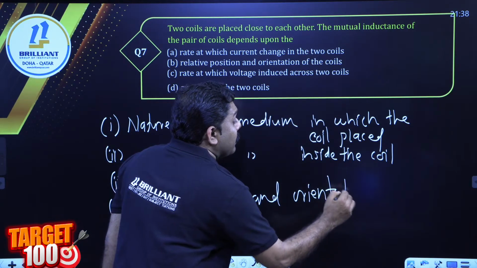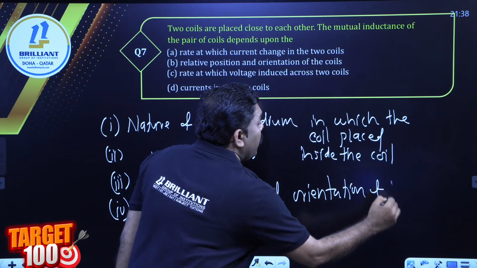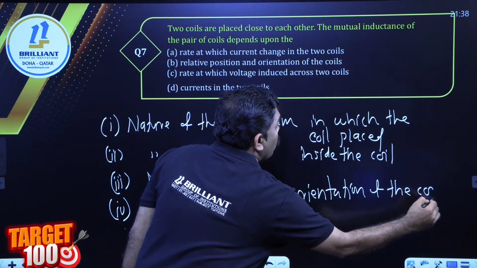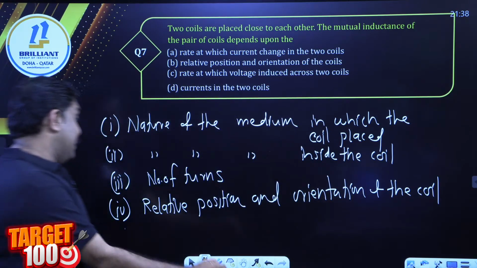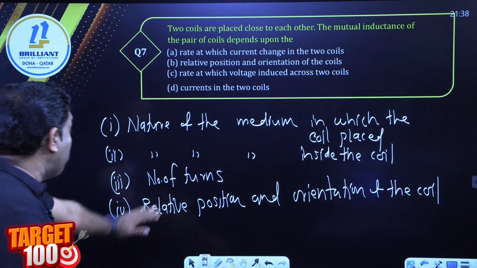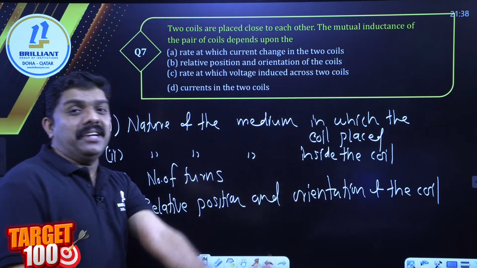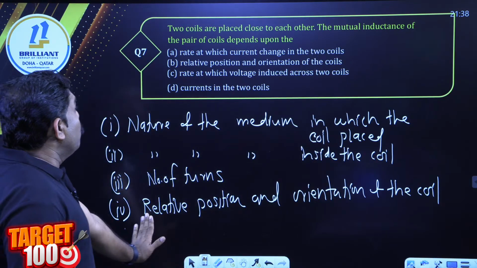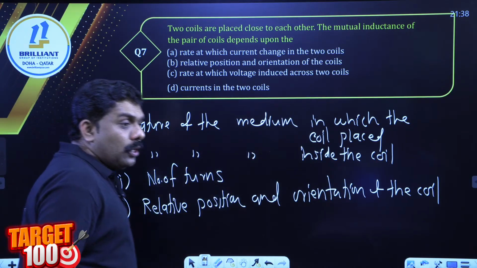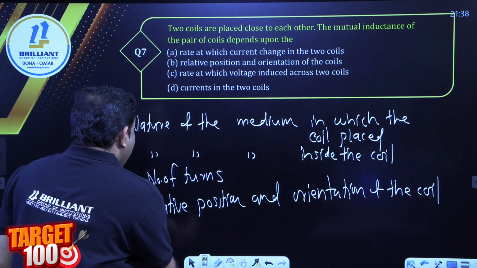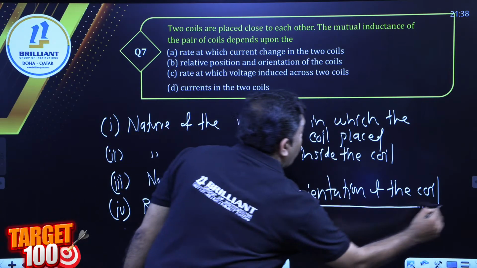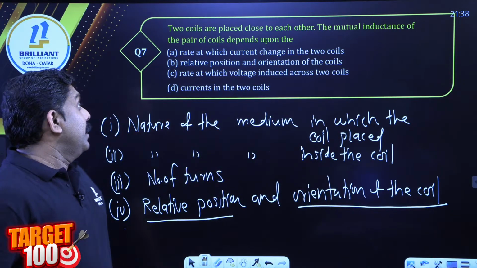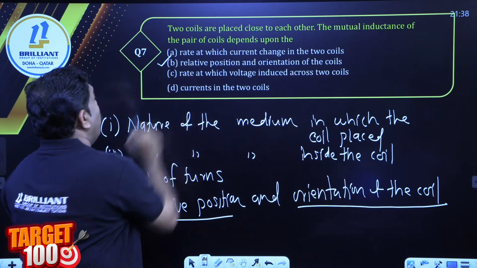Where these coils are placed, orientation of the coil. So these are the factors. I told 5. If you take position one and orientation another, these are the 5 factors upon which mutual inductance depends. So relative position and orientation of the coil is the right answer here, option B.